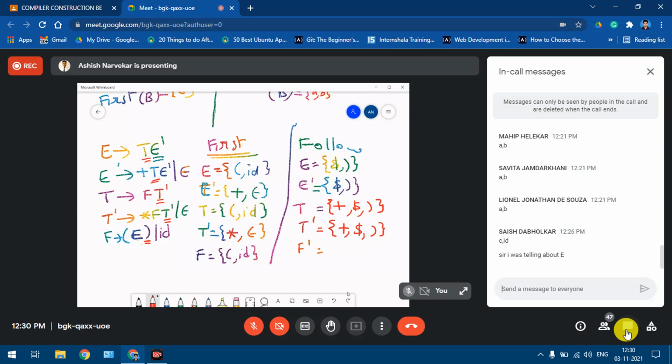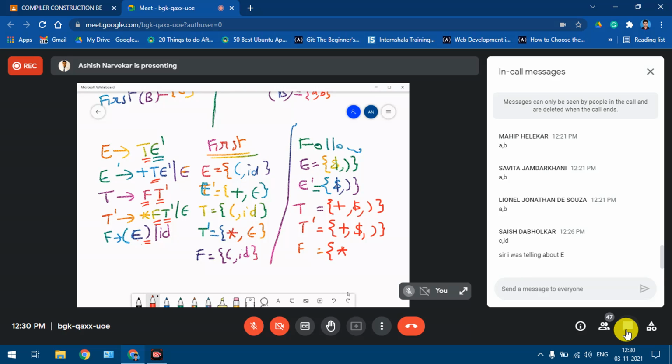And finally, follow of this is, I think, just F, not F dash. So follow of F will be equal to, where F appears on the right hand side. F appears here and F appears here also. So follow of F based on this will be equal to first of T dash. First of T dash is asterisk and epsilon.